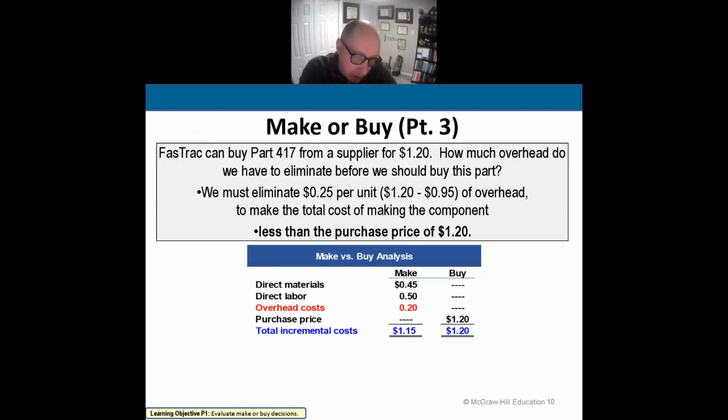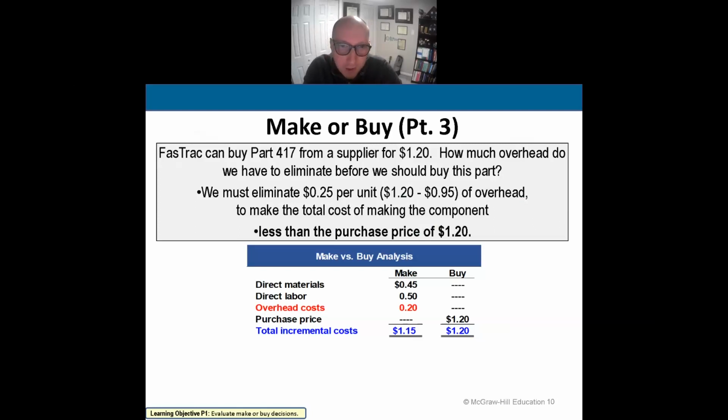Because as you know, some overhead cost gets applied to the manufacturing process. So in this case, instead of overhead costs being 50 cents, it would only be 20 cents.